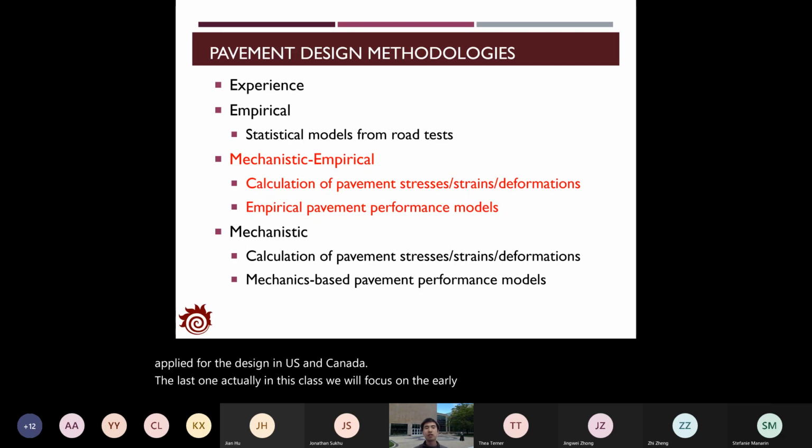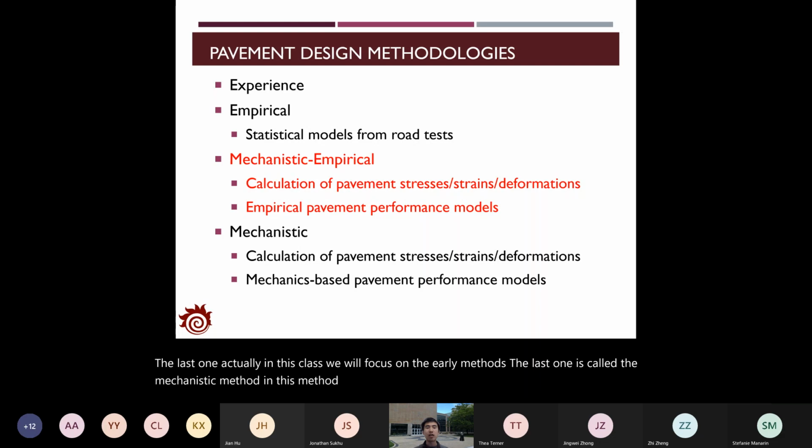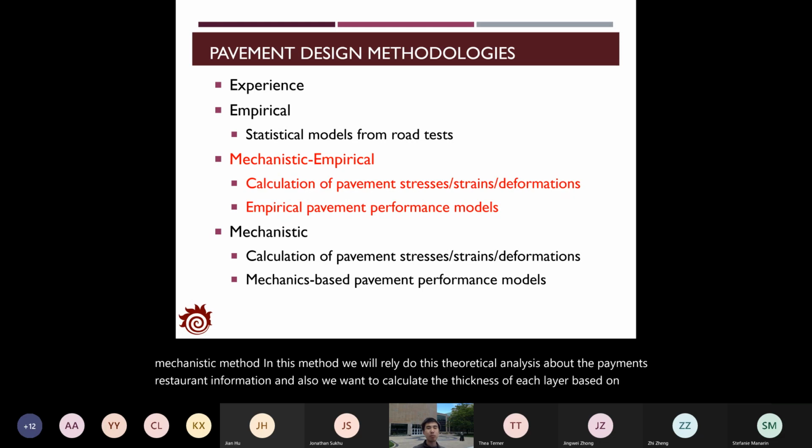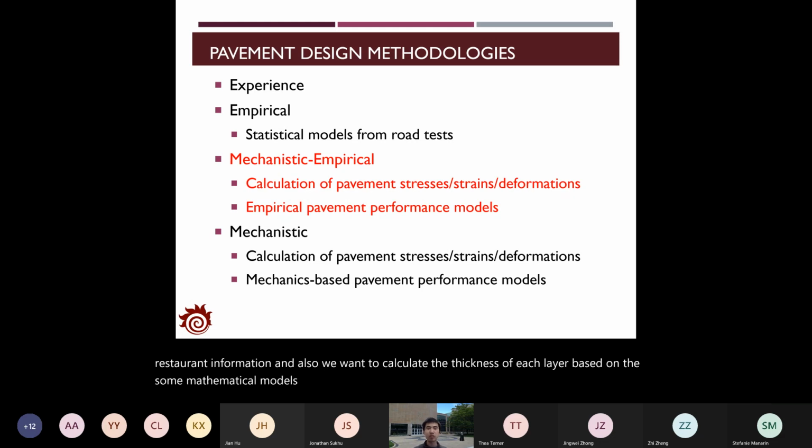The last one is called the mechanistic method. In this method, we do the theoretical analysis of the pavement stress, strain and deformation, and we also calculate the thickness of each layer based on mathematical models from the material features.